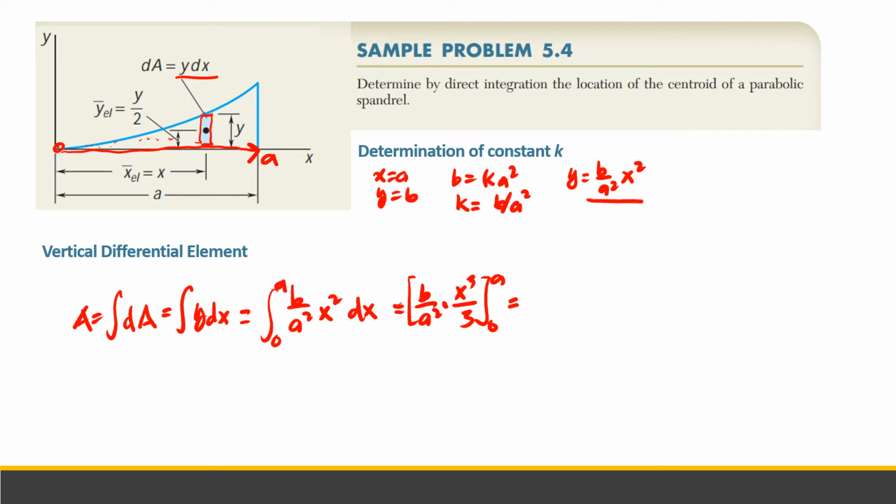So b over a squared. So 0 yung isa, so a na lang yung gagamitin niya, kasi pag substitute mo 0 sa equation, magiging 0 din. So x cubed, so that is a cubed over 3. So cancel yung a squared, a na lang yung matitira. So yung area natin is ab over 3. So yan yung area natin.